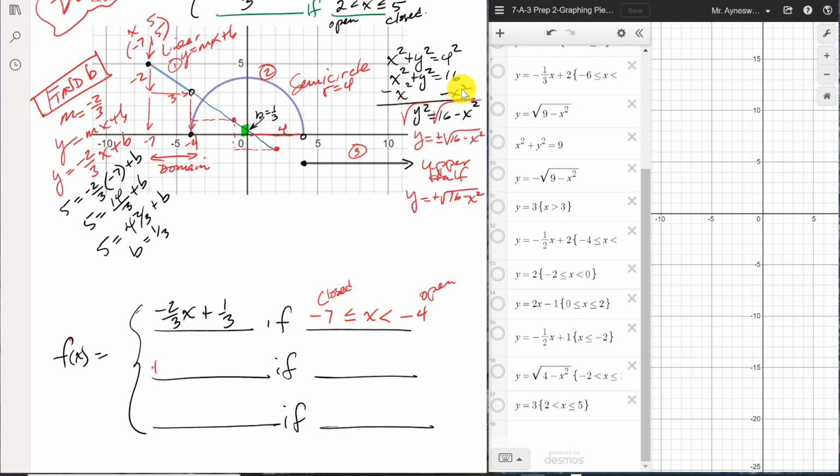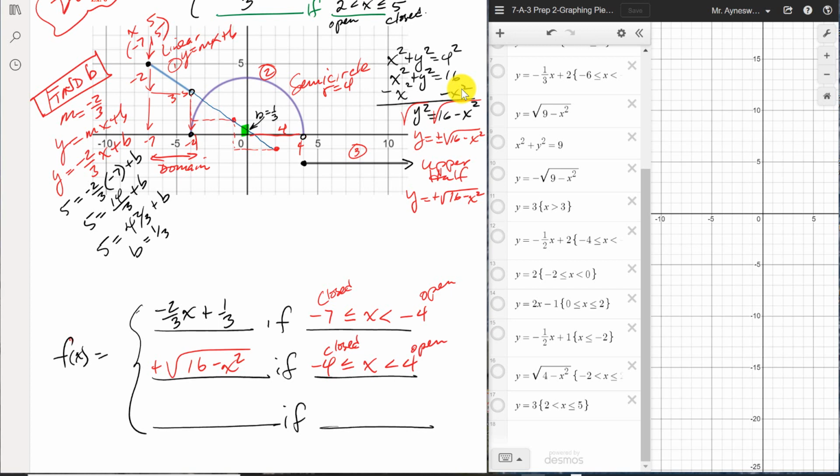So this one's going to be positive the square root of 16 minus x squared from negative 4 to 4. Closed on the left, open on the right. Closed here, open here. That's why I use the less than or equal to and then the less than.